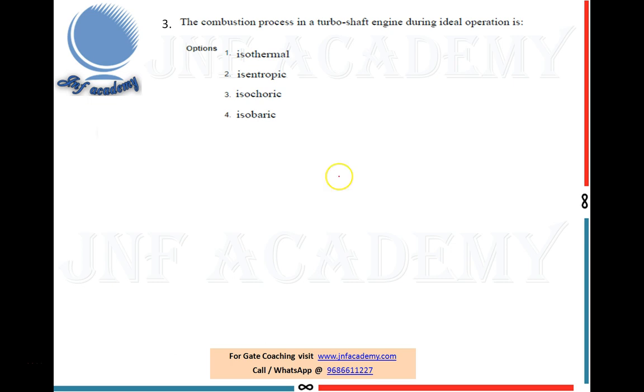So the combustion process here will be isobaric. Okay, so that's the physics that we'll assume when we get into ideal combustion process.